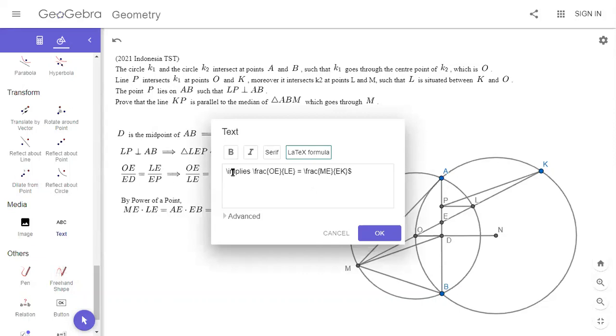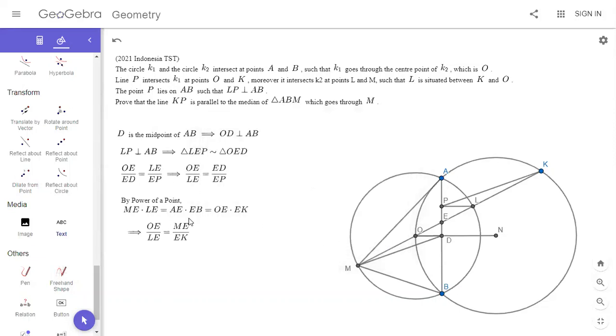And then if we combine the two, we have ED over EP is ME over EK, which means we get similar triangles.